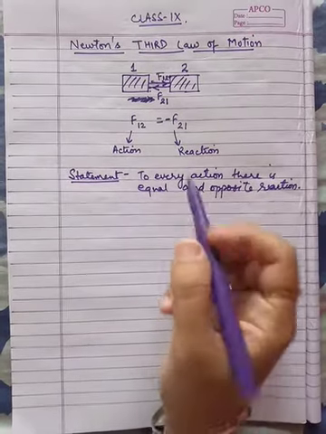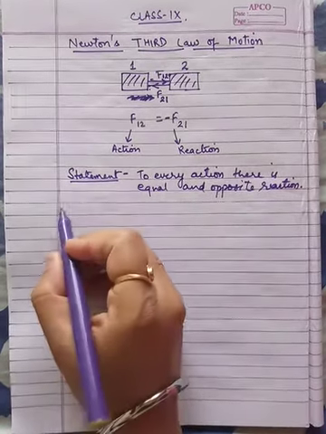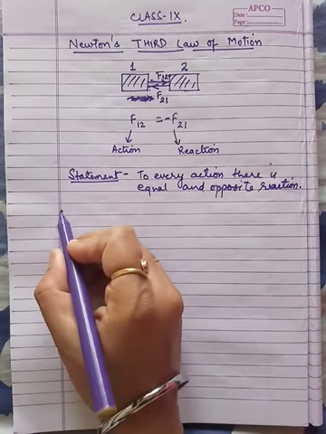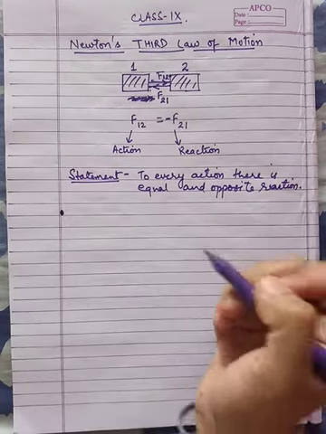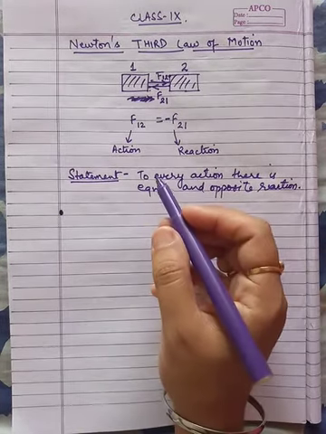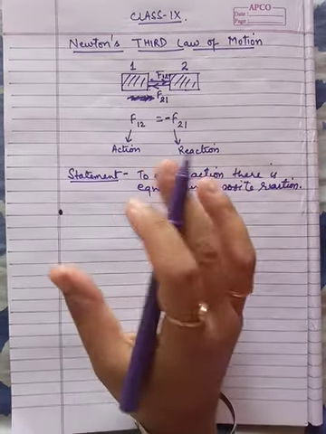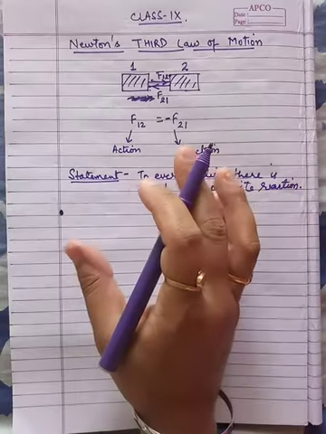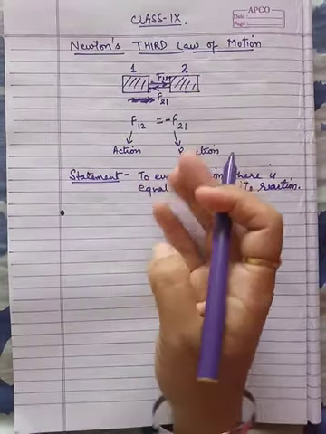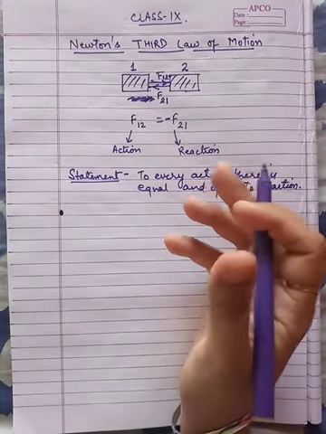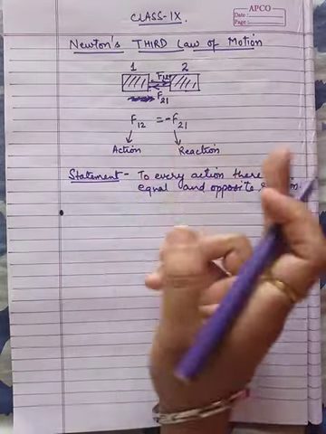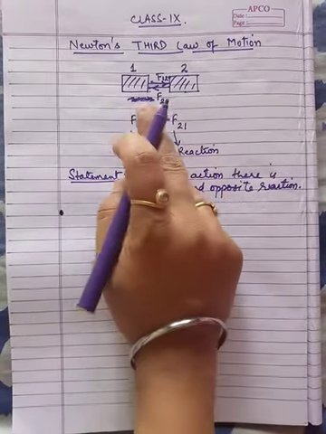So these action and reaction forces have some properties. There are one or two important things to remember about these forces. These two forces are always equal in magnitude and opposite in direction. First of all, that we have discussed, and secondly, these forces act on two different objects, as we can see in this example.